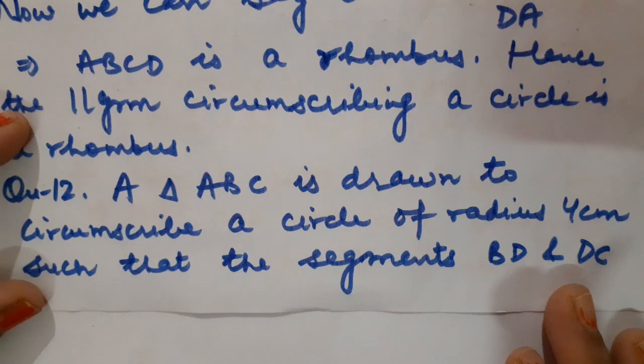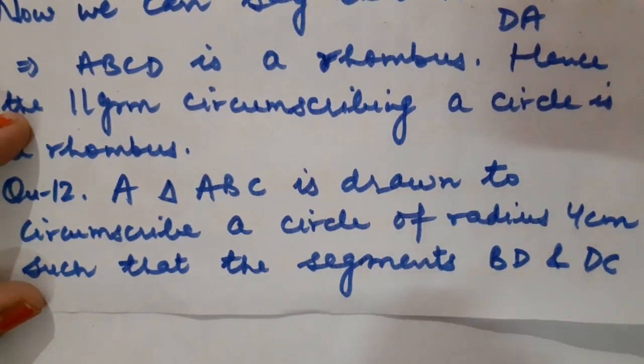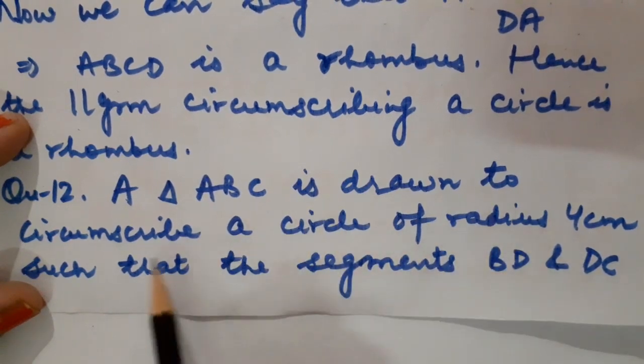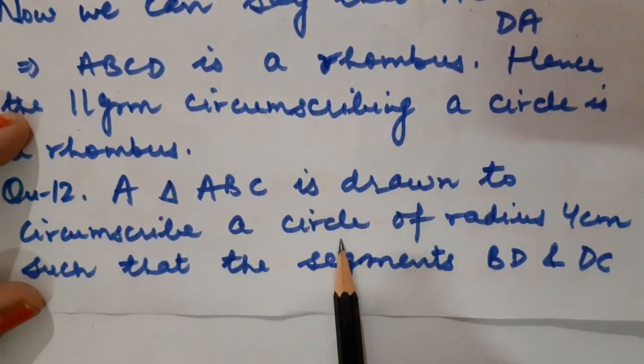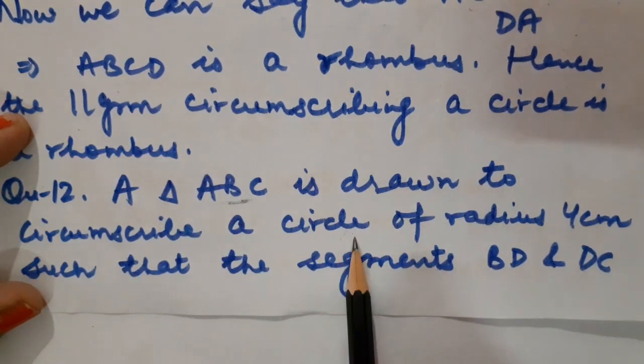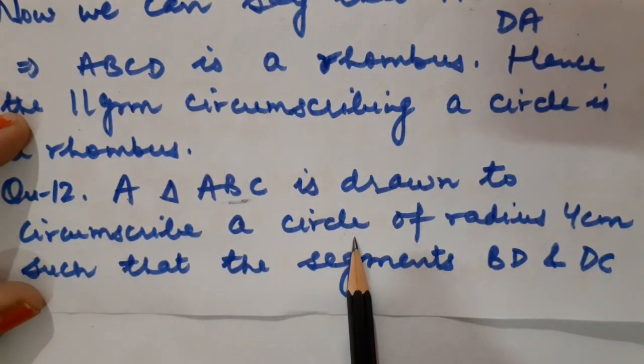This is one of the most important questions of this exercise. So what is there in this question? A triangle ABC is drawn to circumscribe a circle. Means the triangle is covering a circle. It means again the circle will be inside the triangle.